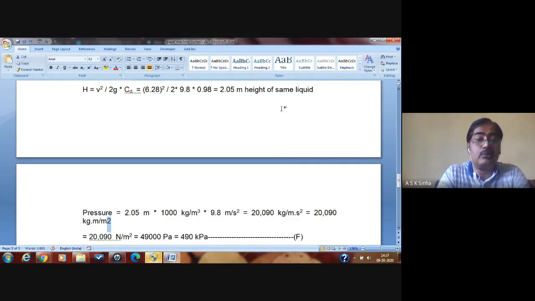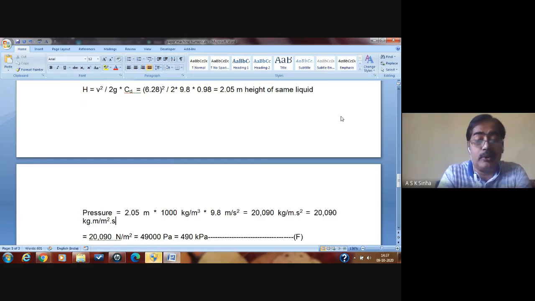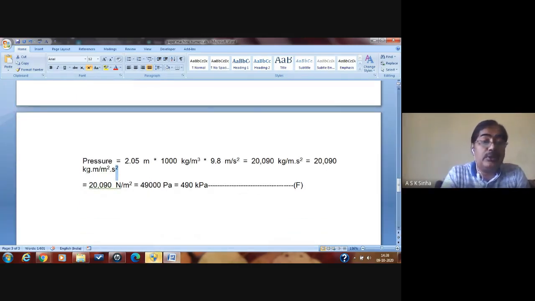So it will be meter square here, and once it's a meter square here, the rest, second square, will be coming as it is present here. You can see here, so second square is coming here. So what are the units now? Now you can say the kg meter per second square is nothing but Newton. So this will be equal to the same unit will be coming here.